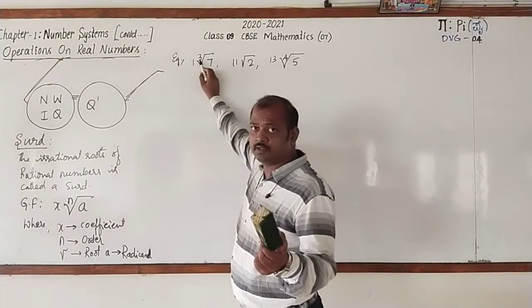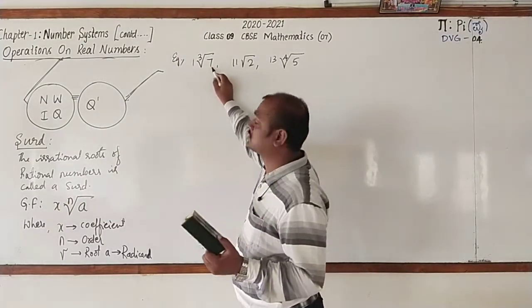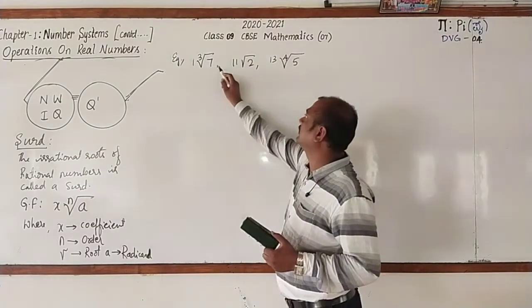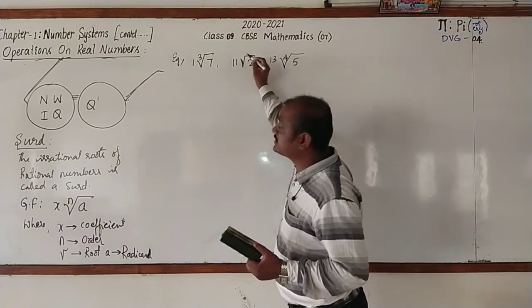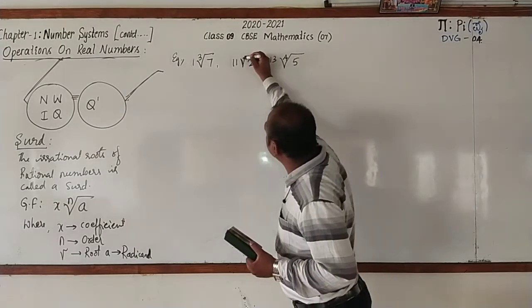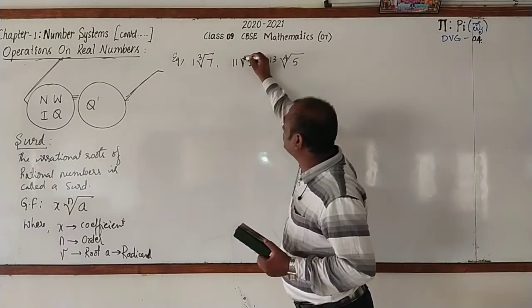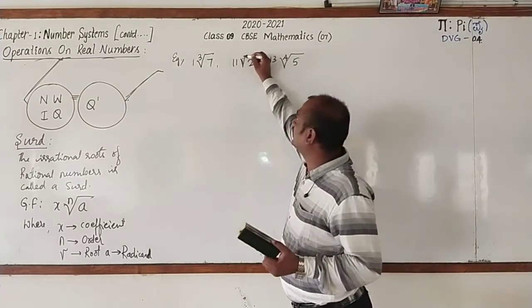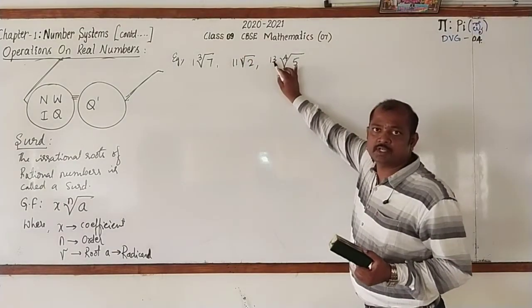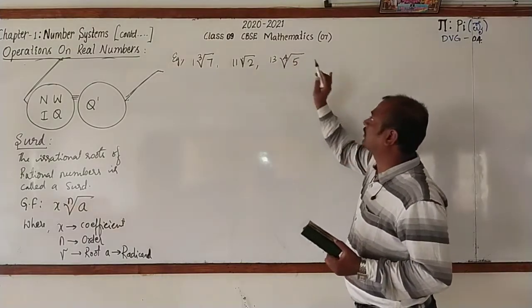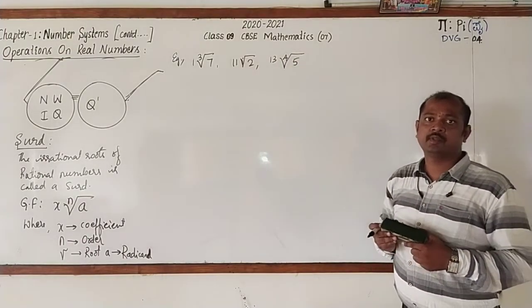Then what do you call 3? It is the order. 7 is the radicand. Here 11 is the coefficient. What is the order? Here nothing is there inside this V shape, so the order is 2. Radicand is 2. Coefficient is 13, order is 4, radicand is 5.